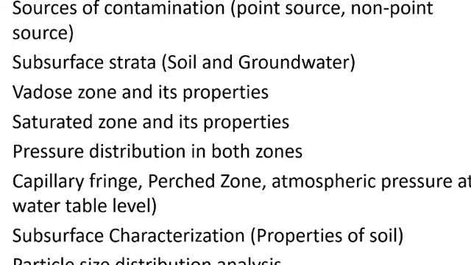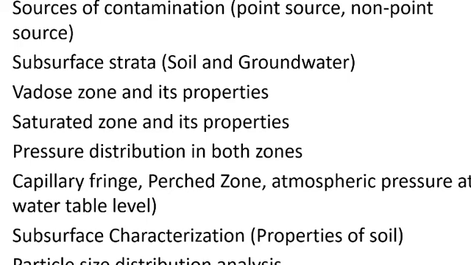So in case of point source we have a channelized flow, while in case of non-point source we have a sheet flow. So the point source is like a line, like a formation of carrying the waste, carrying the pollution. Non-point source has a surface area to carry the pollution.